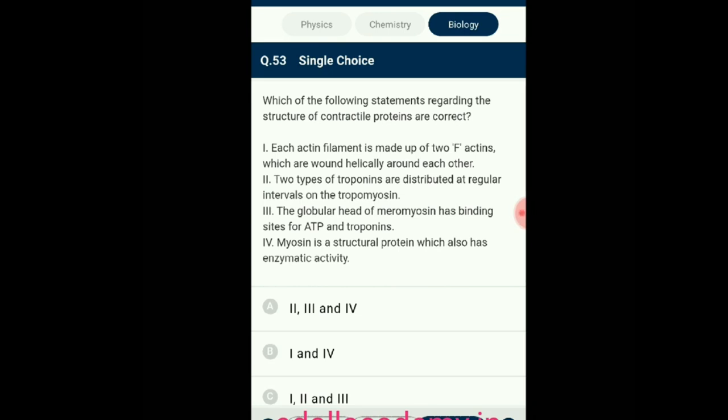It has binding sites for ATP and an active site for actin. Due to its ATPase activity, myosin, which is a contractile structural protein, also has enzymatic action. So the answer for this question is option D. From the given 4 statements regarding the structure of contractile protein, the first and 4th statements alone are correct.